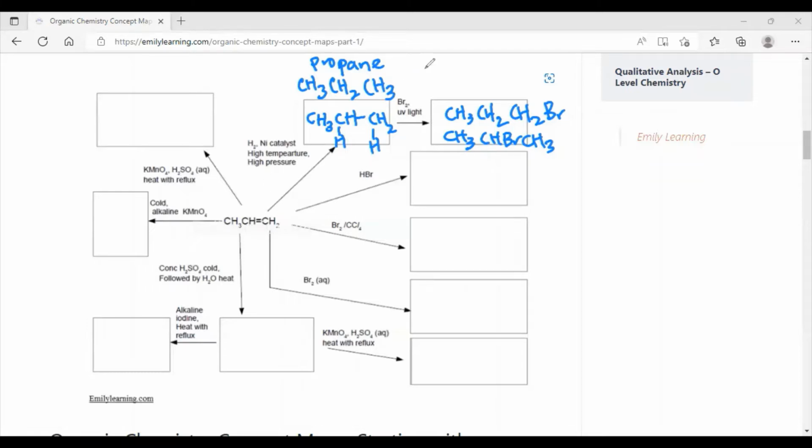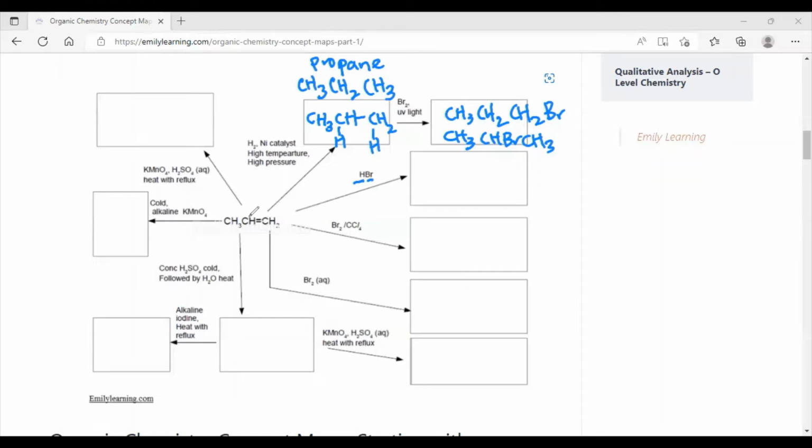So if you look at these two carbons here, these two carbons are those that have the C=C double bond. So your H and your Br will go to these two carbons. So which carbon will get the H and which carbon will get the Br? Well, the carbon with more H will get H, and the carbon with less H will get Br.